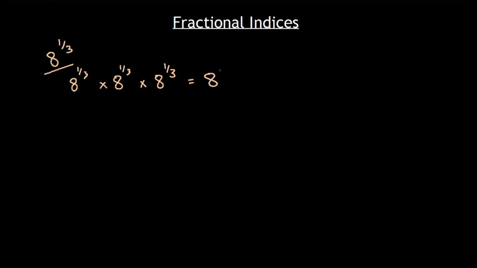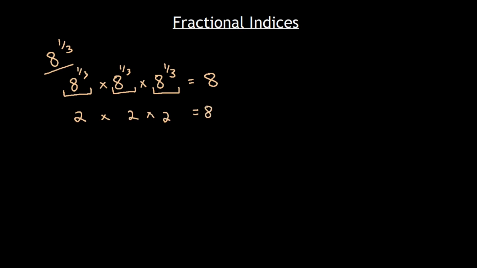I don't need to write the 1. The reason why I multiply it by itself 3 times is because I need to get 1 whole, and I can only do so by multiplying it by itself 3 times. Again, what number multiplied by itself 3 times makes 8? That's 2. 2 times 2 times 2 is 8.